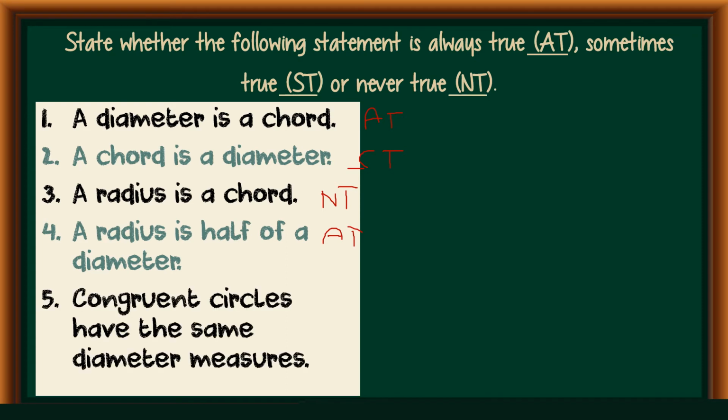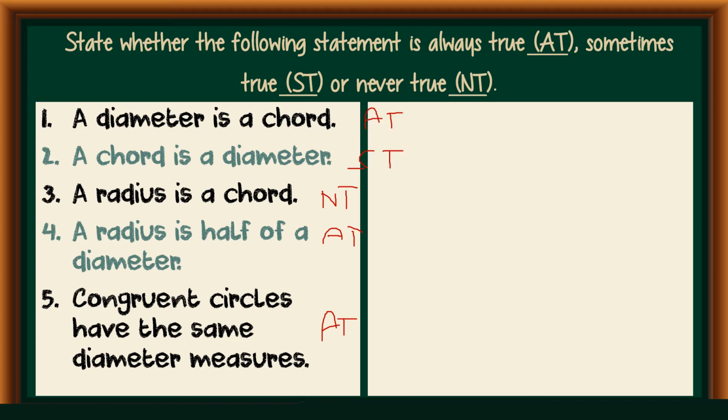Next, congruent circles have the same diameter measures. Is it? Yes, by definition. Always true. Kasi sabi natin, congruent circles have the same radii measures. So, kung parehas ang measurement ng radius ng dalawang circle, definitely parehas ang diameter nila. Ang measurement ng diameter rather. So, this is always true.